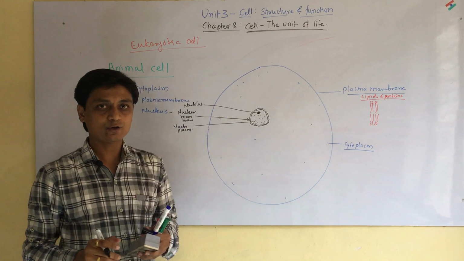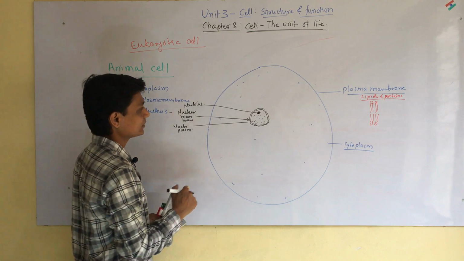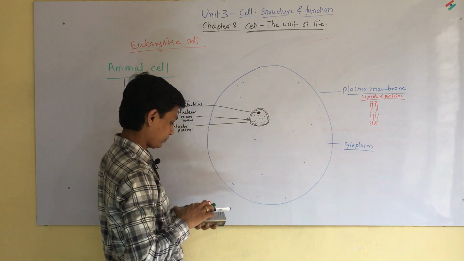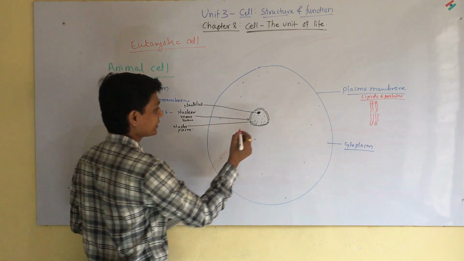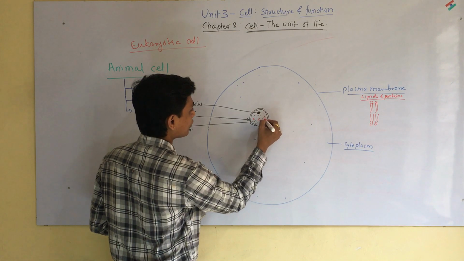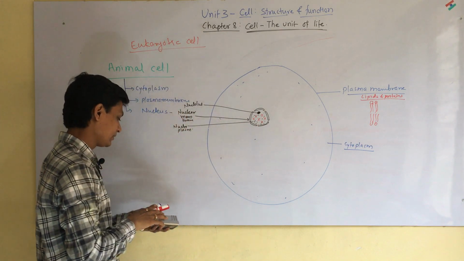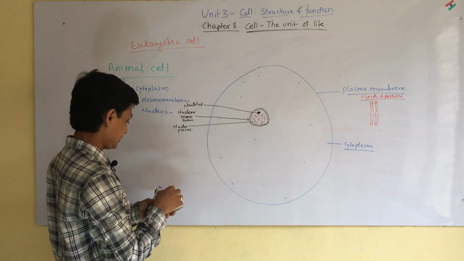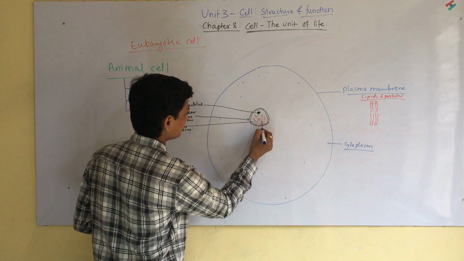This is nothing but the cytoplasm which is present inside the nucleus, known as nucleoplasm. In this nucleoplasm, embedded thread-like structures are present, known as chromosomes or chromatin. The number varies in different types of cells. This is nothing but the chromatin or chromosomes.